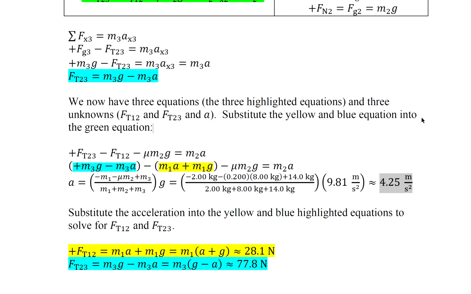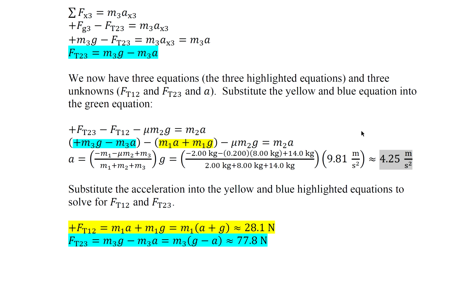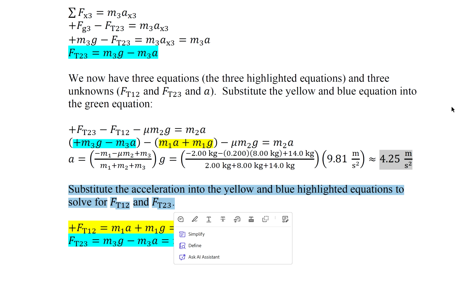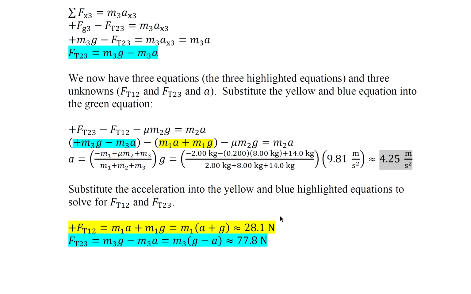So the acceleration is about 4.25. Substitute the acceleration into the yellow and blue highlighted equations to solve for Ft12 and Ft23. So we've solved for force of tension 1,2, force of tension 2,3, and acceleration.